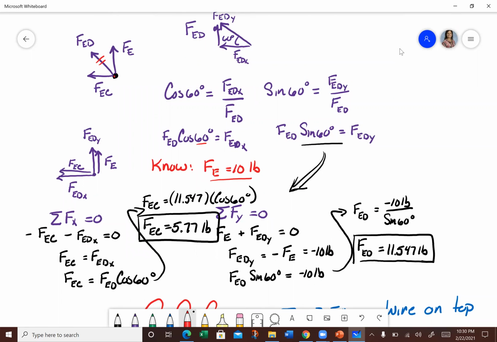It should actually be pushing this way, putting force in that direction on the joint. So it's going to be a compression point to the joint, but within the member it's going to cause tension. Okay, so these are our values of those.